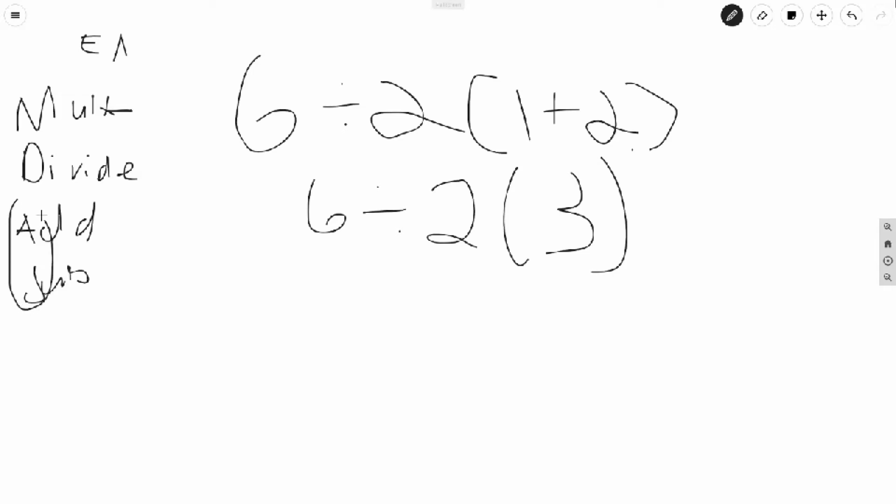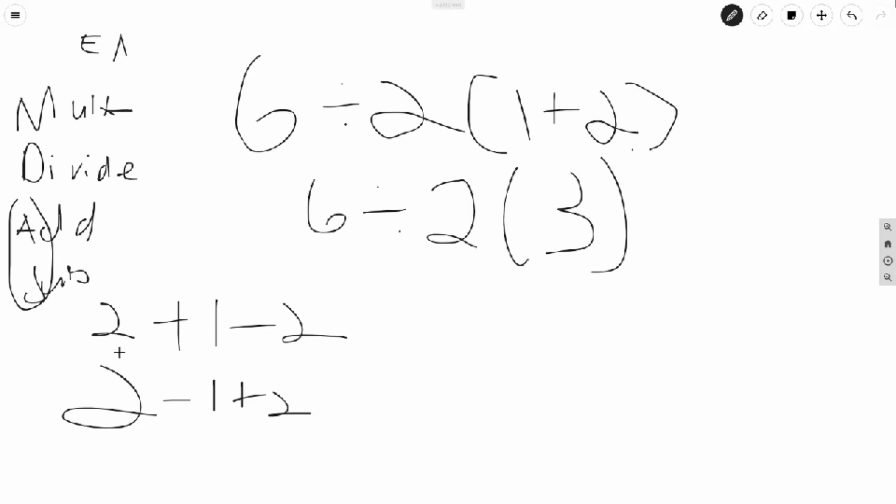See, just like if you have 2 plus 1 minus 2, then you do addition first, and then subtract second. But if you had 2 minus 1 plus 2, you'd still do it in this order. And it's the same thing with multiplication and division.